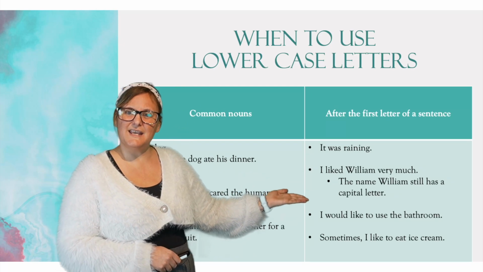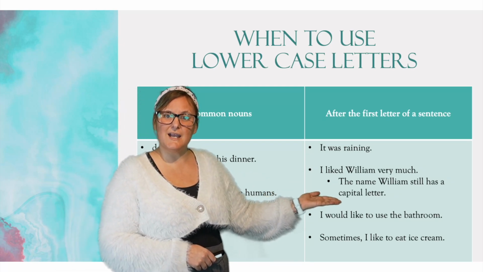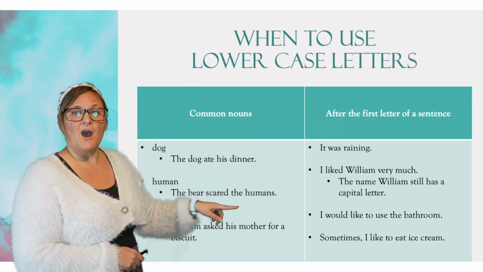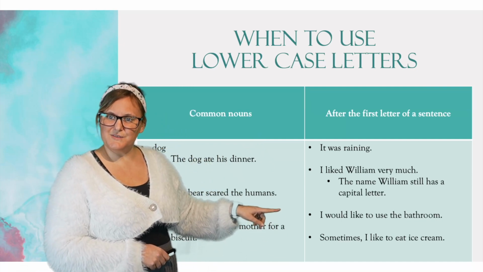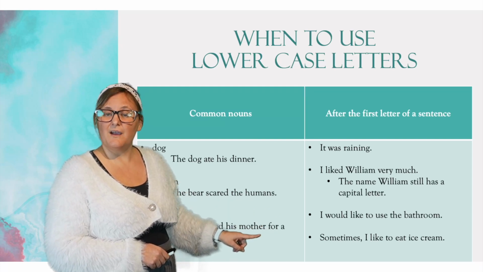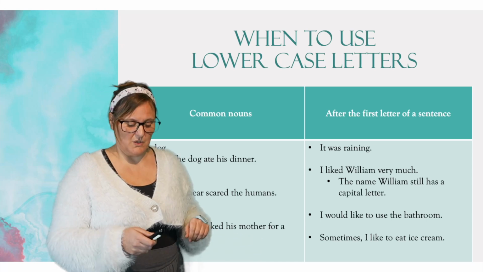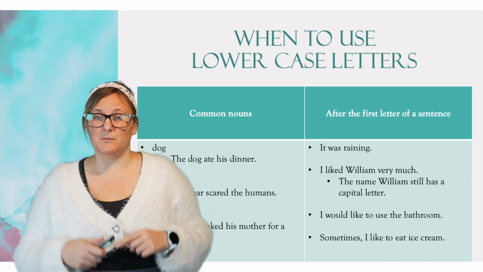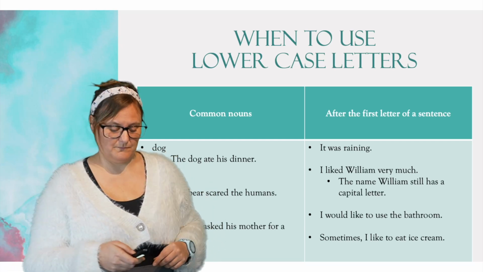As we can see, the name William still has a capital letter. I would like to use the bathroom. Sometimes I like to eat ice cream. Why don't you practice some sentences and write them in the comments for me to see?